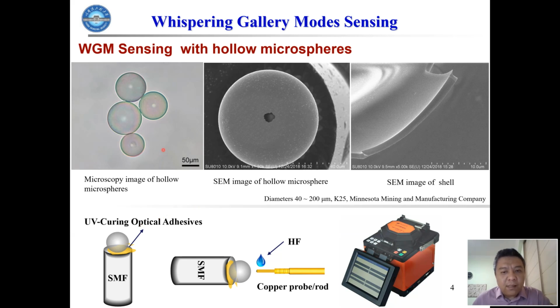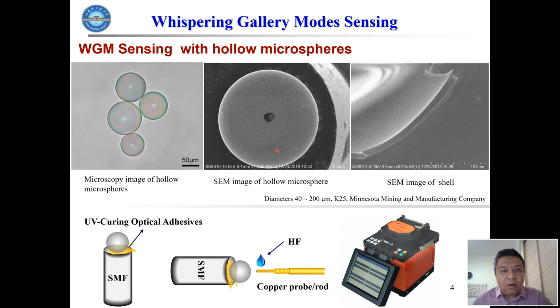This is the microscope image of hollow microspheres. We bought these from the 3M company. We make a hole on the hollow microspheres. This is the SEM photo of the sphere with a hole.